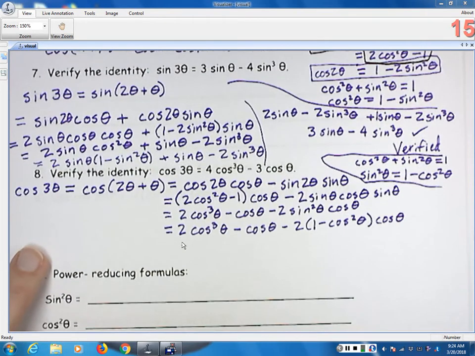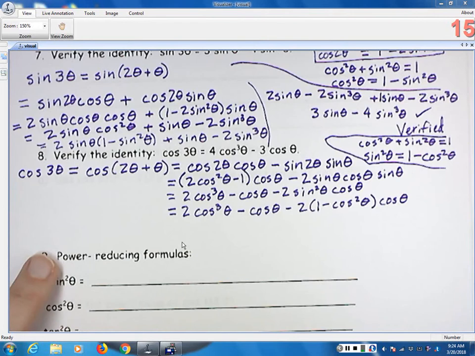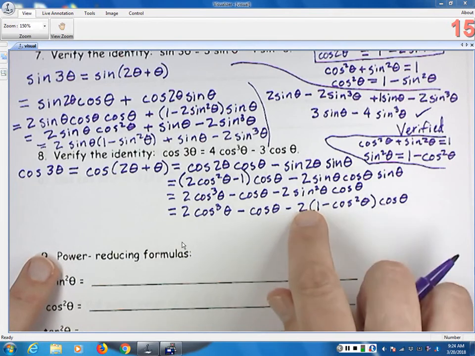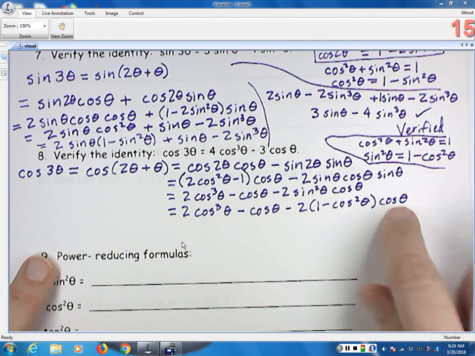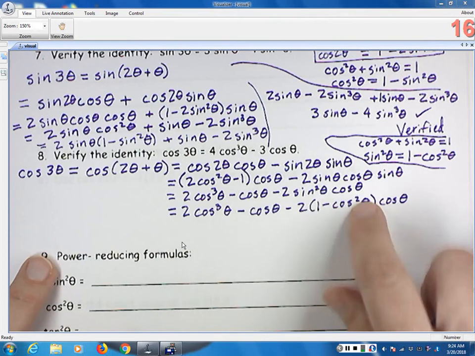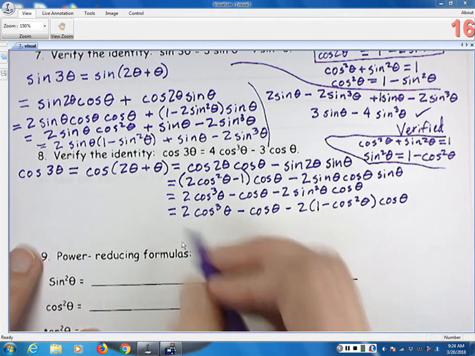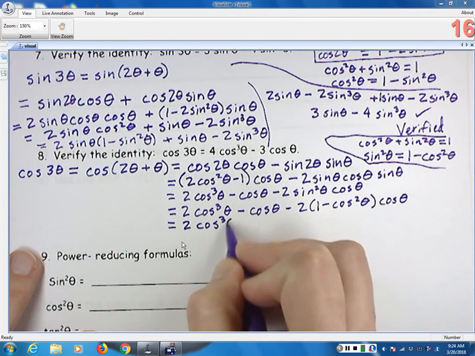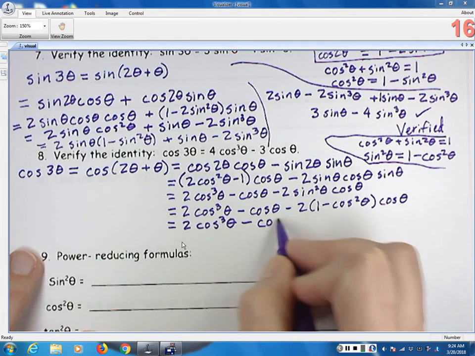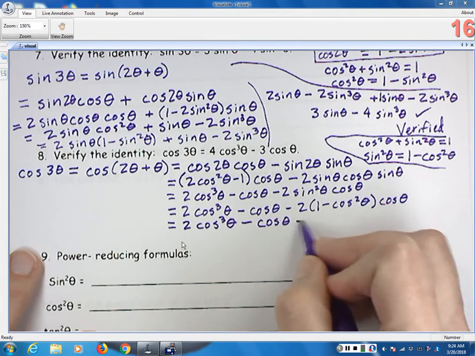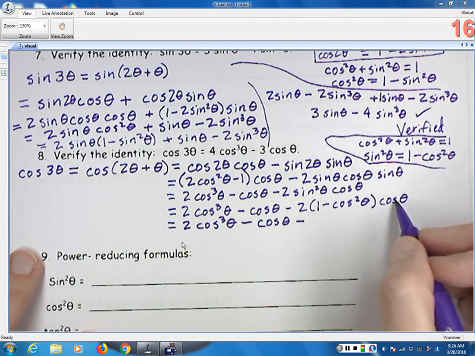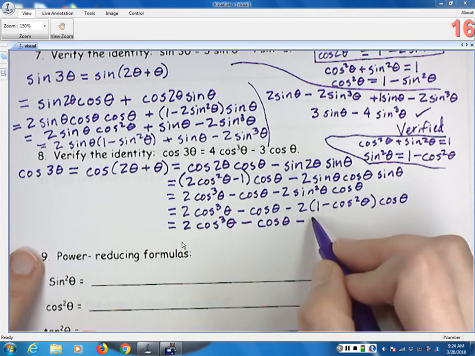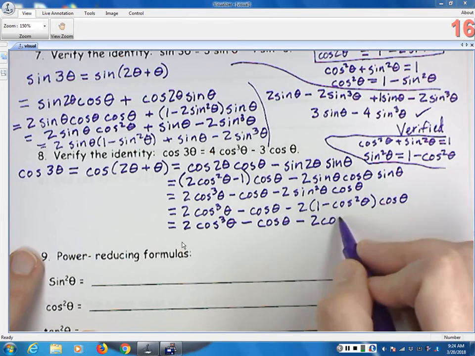So I probably should have written the cosine first, but we're going to take 2 times cosine and distribute it. We have everything in terms of cosine. Distribute the 2 and distribute the cosine. That's 2 cosine theta.